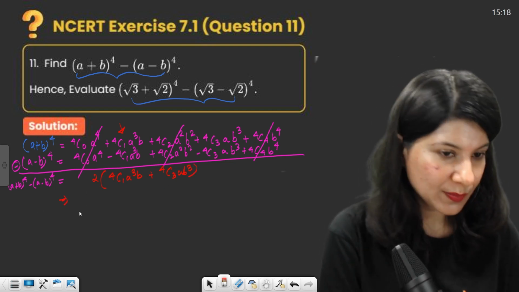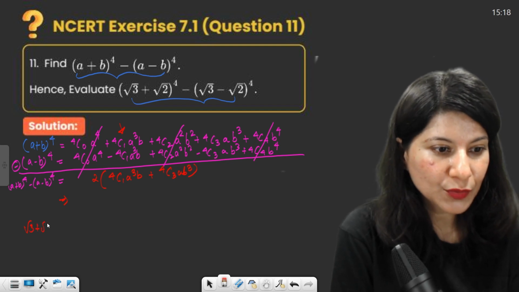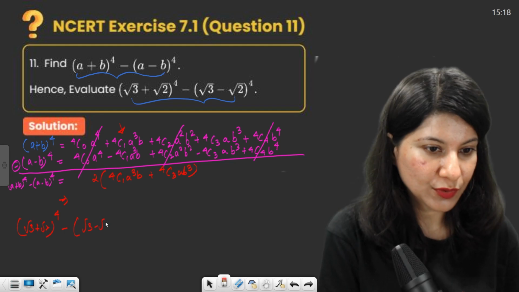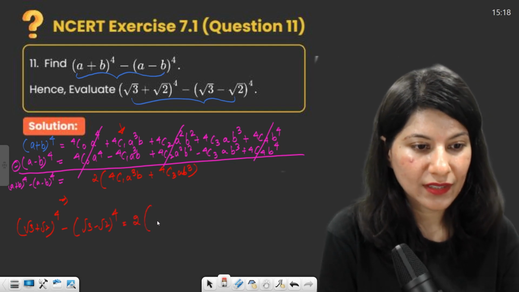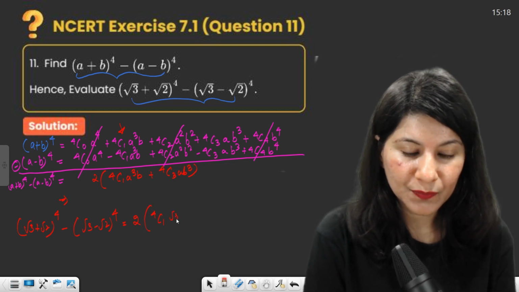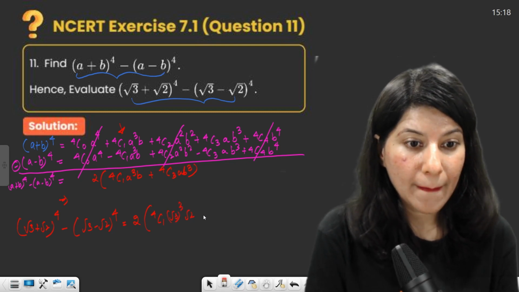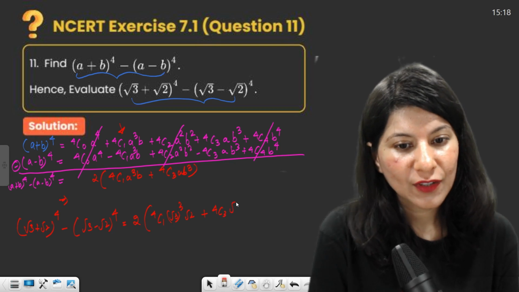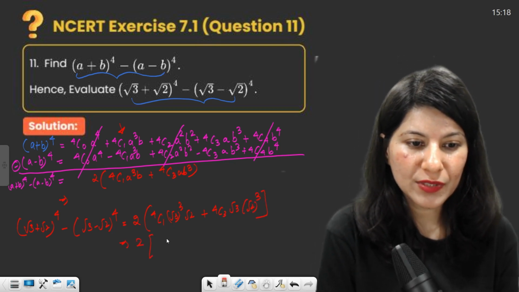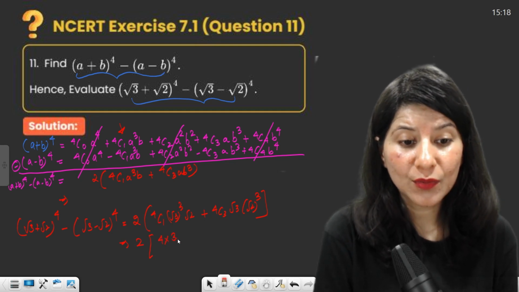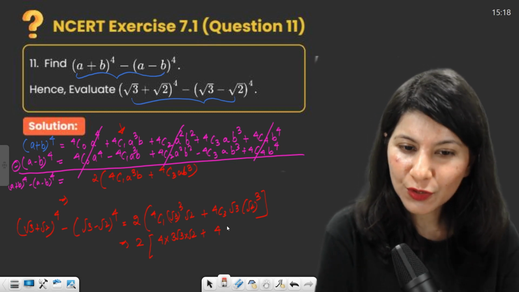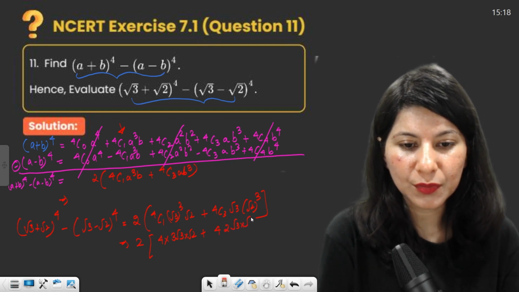Now if you just plug in the values, (root 3 plus root 2) power 4 minus (root 3 minus root 2) power 4 will give you twice, 4C1 root 3 cube root 2 plus 4C3 root 3 root 2 cube. So this is 2 times, 4C1 is 4, this is 3 root 3 into root 2, plus 4C3 is again 4, so this is 2 root 3 into root 2, correct?